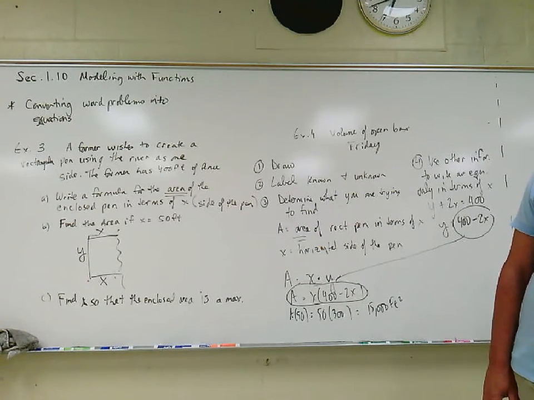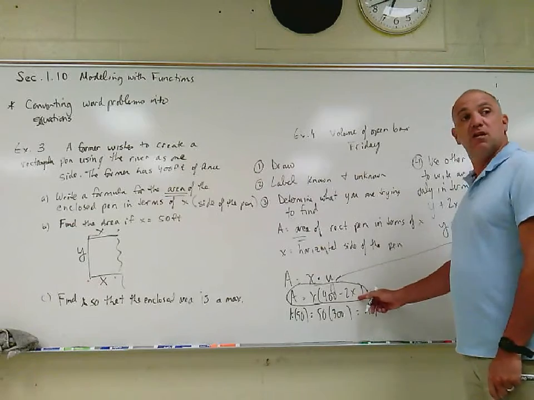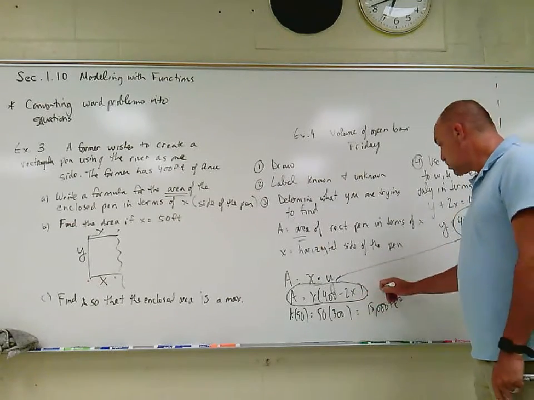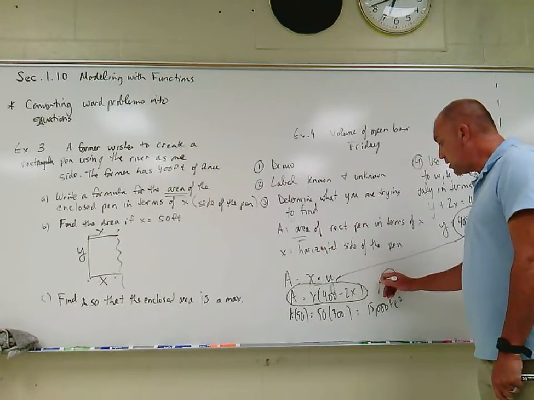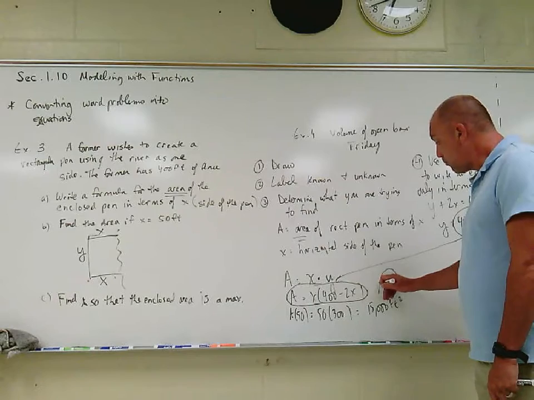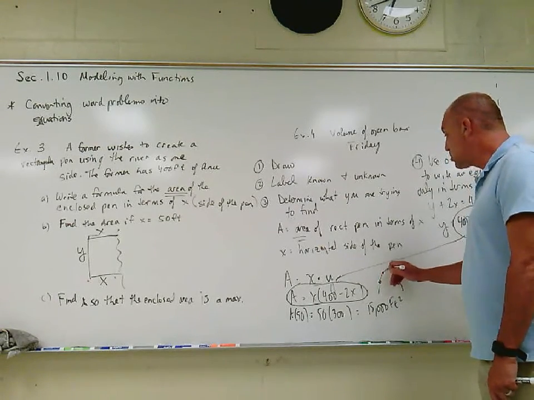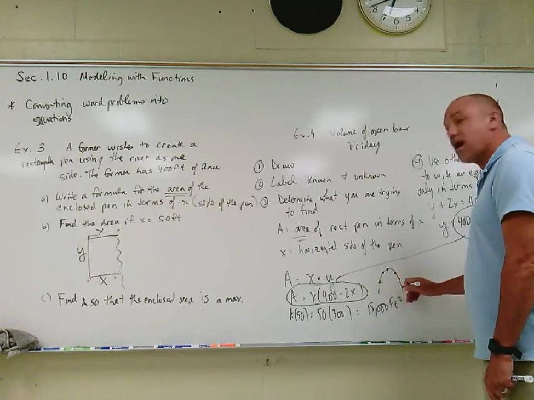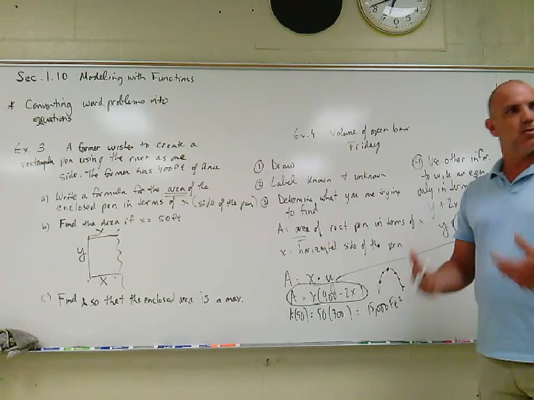That opens how? Opens down. If you distribute your x, you get a negative 2x squared. See, it's a quadratic that opens down. Now, when you pick a point, it's not x, y, it's x, area. So whatever point you pick on this quadratic, it's x, area. Guess which point is going to give you the highest area? The top. And you could get that by using your calculator.